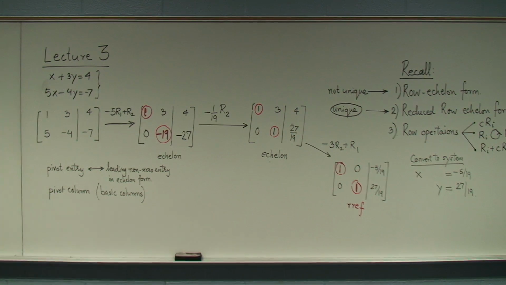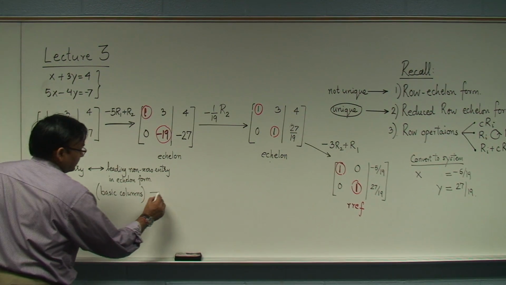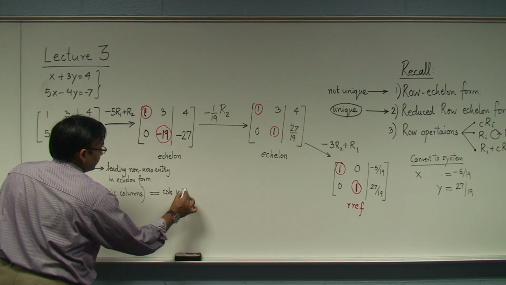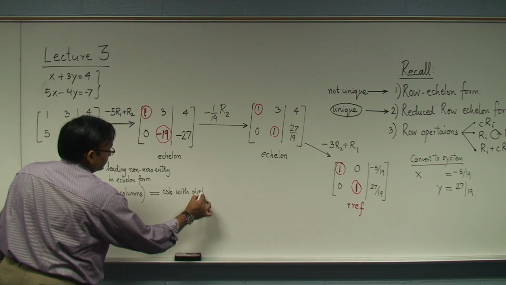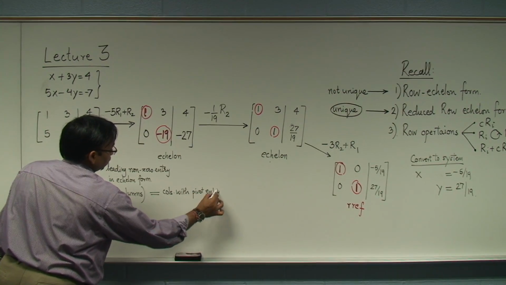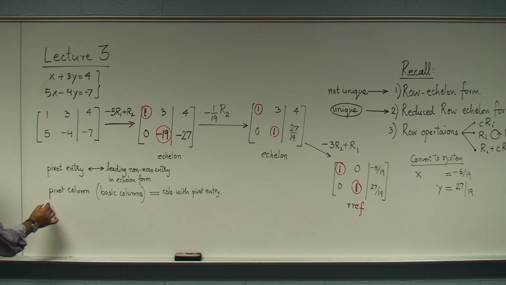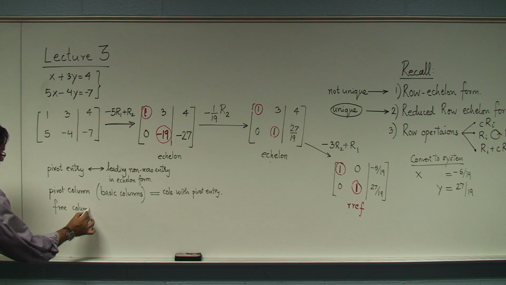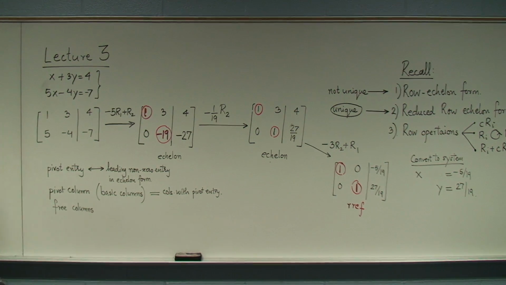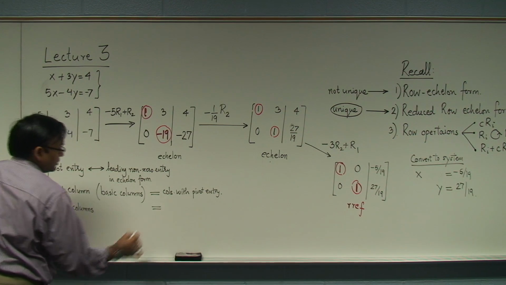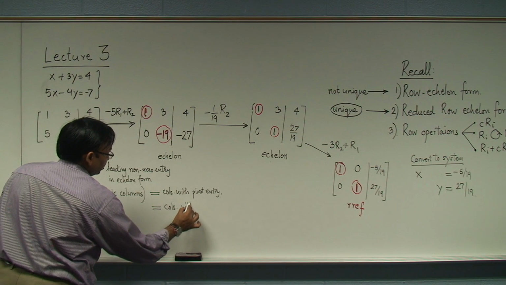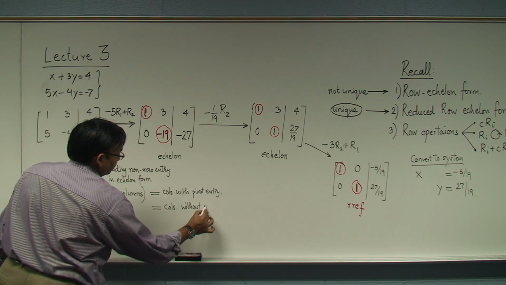So pivot columns will be the ones which contain the pivot entry. And just like pivot columns, we will also talk about things called free columns. These would be the columns which do not have a pivot entry.